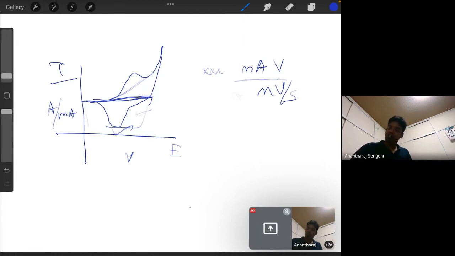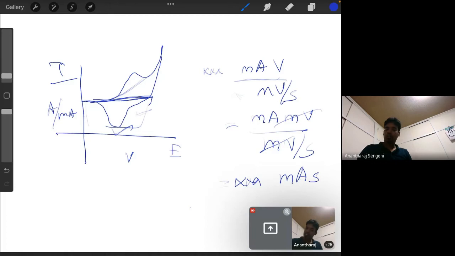You can convert that volt also into millivolt, and you will have millivolt per second. So millivolt gets cancelled, and you will have some number with the unit of milliampere second. If you convert this value into ampere second, that is exactly equivalent to the charge expressed in coulombs. So you now have some value that is expressed in coulombs.